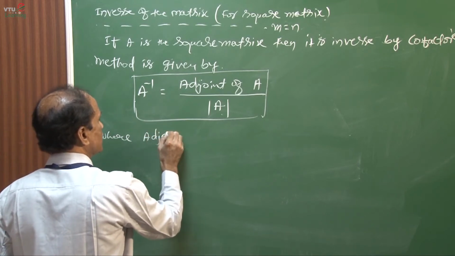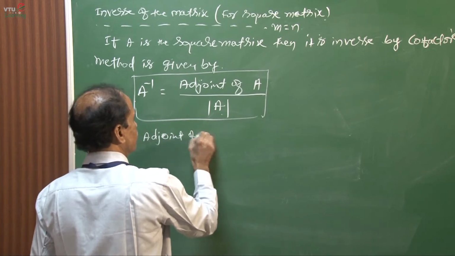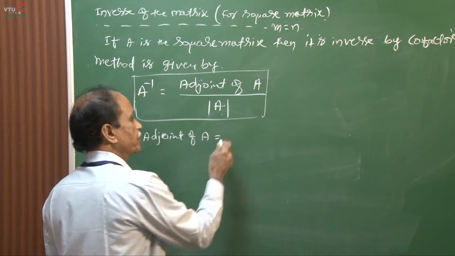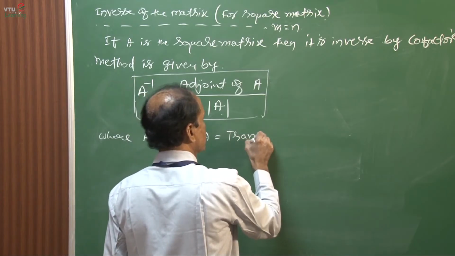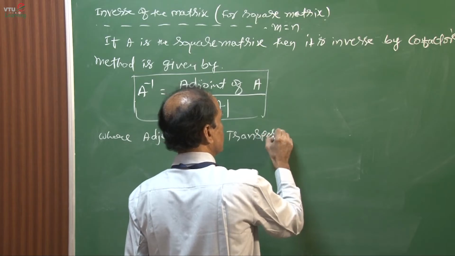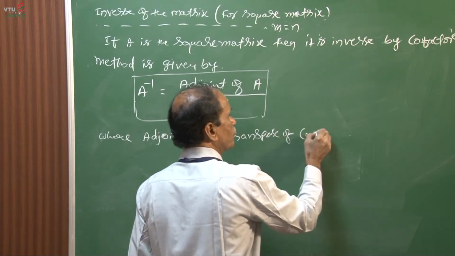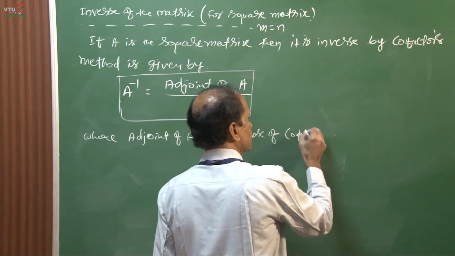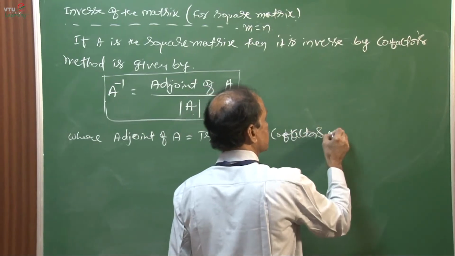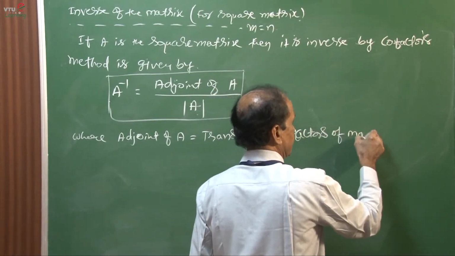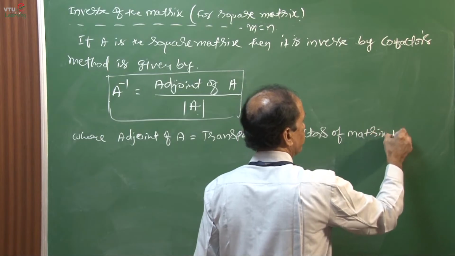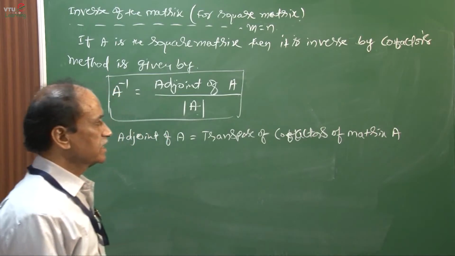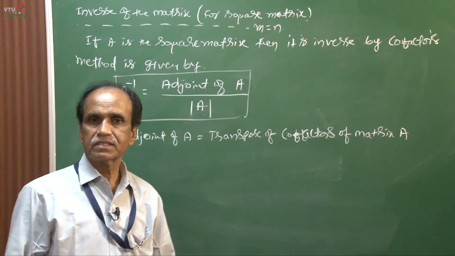where adjoint of A is equal to the transpose of the cofactors matrix of A. What is the meaning of cofactors?